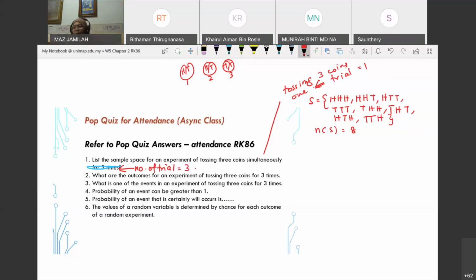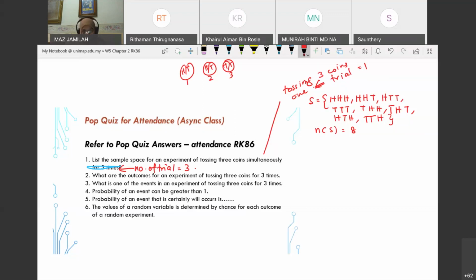With 3 trials versus 1 trial, it gives you a different perspective on how we can approach this experiment, because we are repeating the same experiment, tossing 3 coins simultaneously.